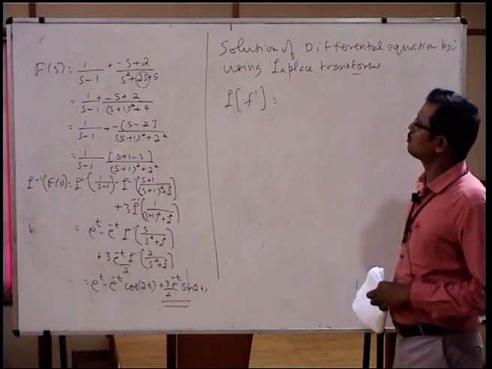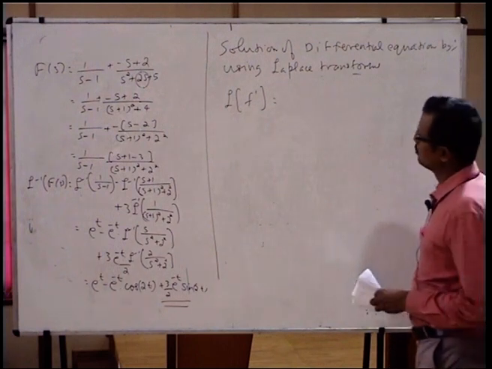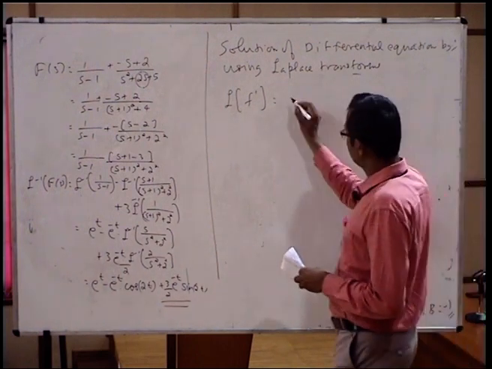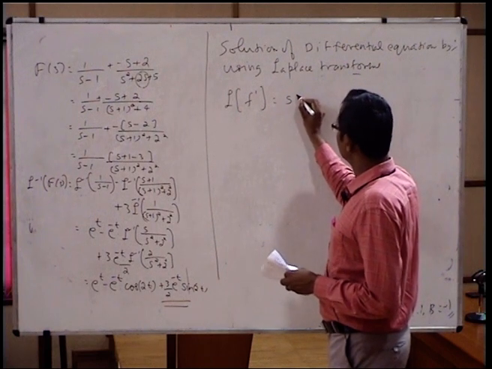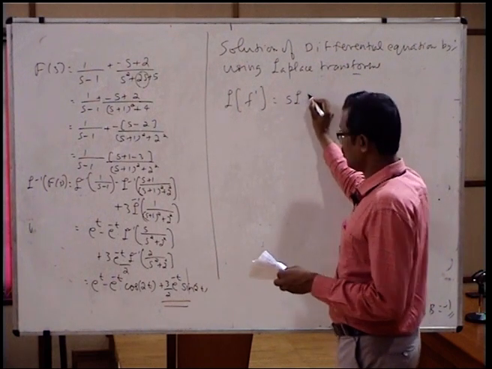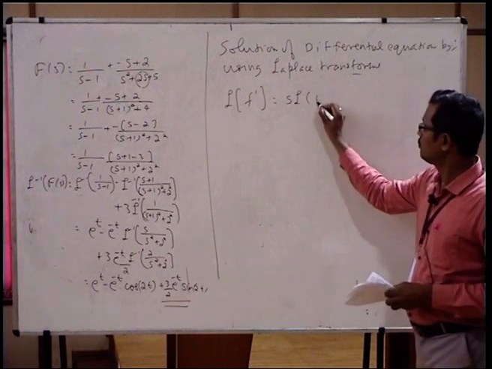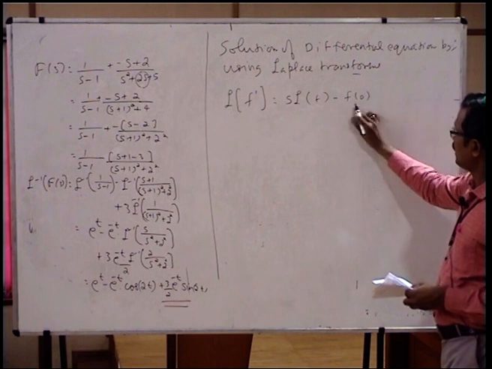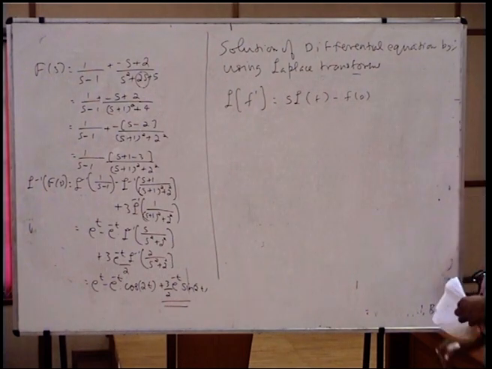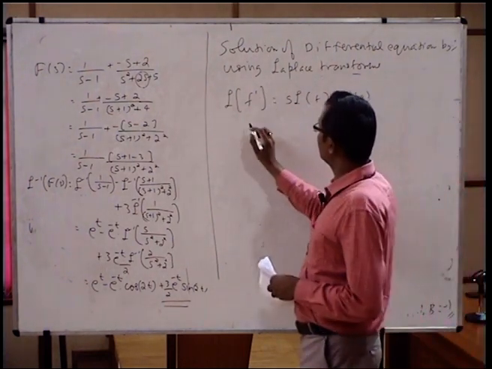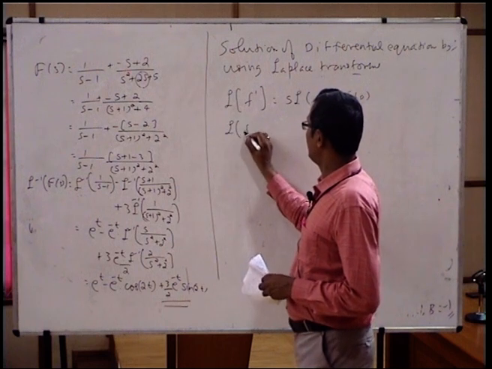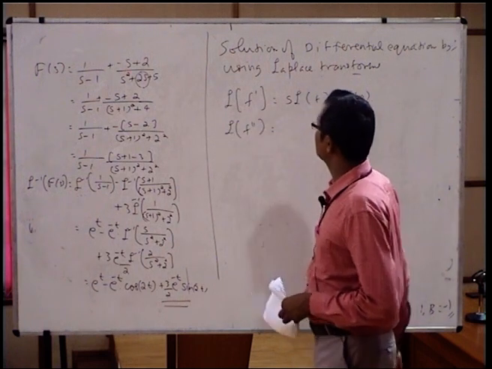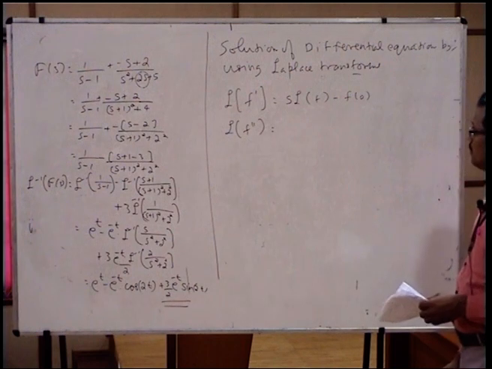What is the Laplace transform of the first derivative f dash? It is defined as s into Laplace transform of f minus f of 0, the value of the function at 0. If you replace f dash by f double dash, what is the Laplace transform of the second derivative f double dash?